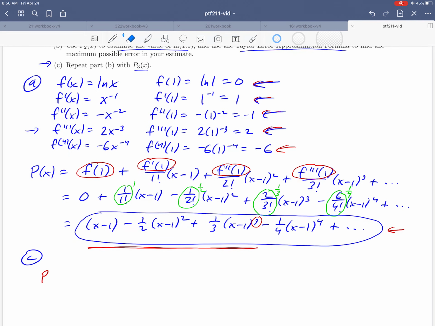We're going to calculate P3 of 1.1, which means we're going to take that P3 that I underlined and just plug in 1.1 for all the x's.